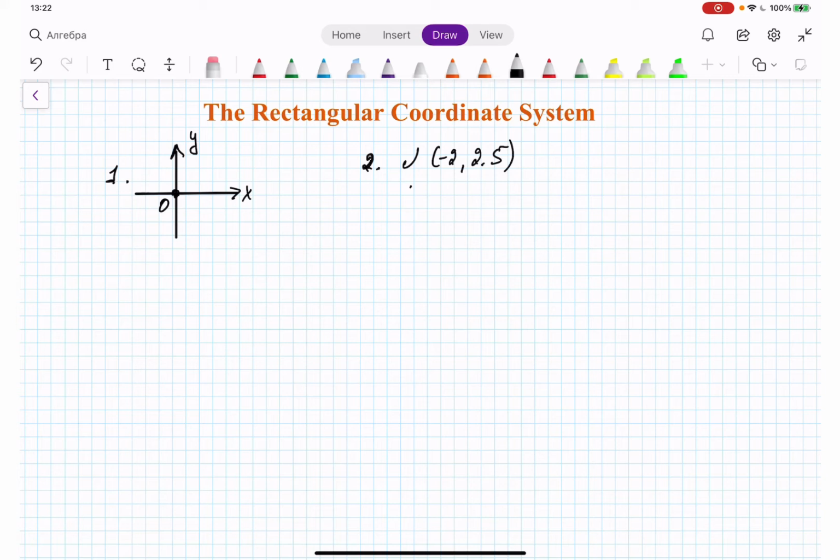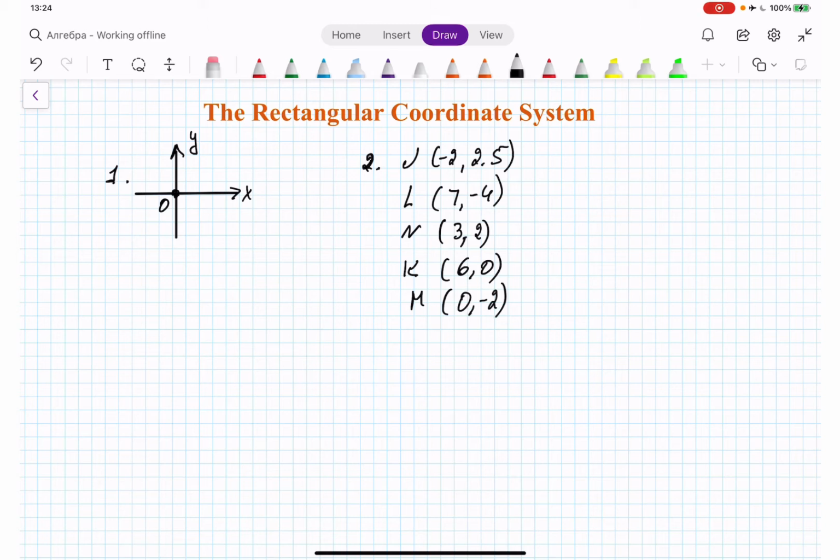Next, L, 7 and -4, N, 3 and 2, and K, 6 and 0, M, 0 and -2, and P, -5 and 5.